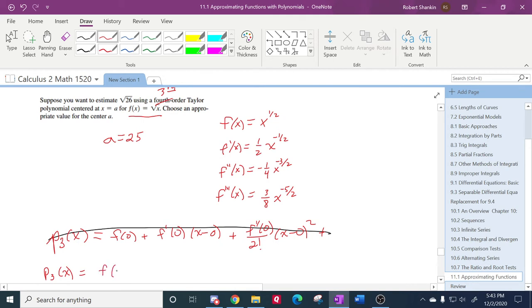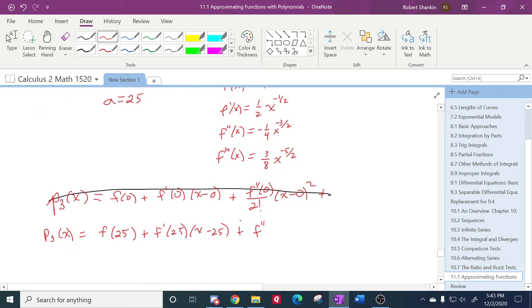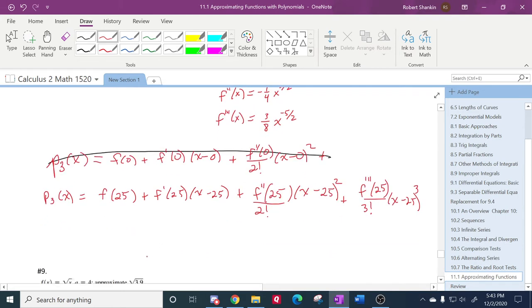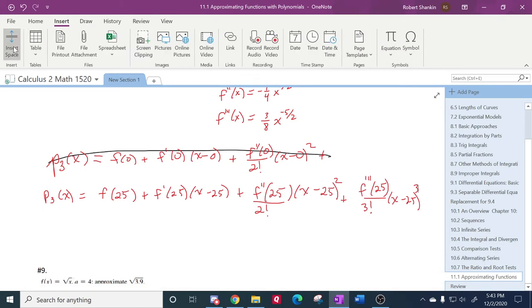F of 25 plus f prime at 25 times x minus a, x minus 25, plus f double prime at 25 times x minus 25 squared, and this is over 2 factorial, plus, we'll do just to the third order, f triple prime at 25 over 3 factorial times x minus 25 cubed.